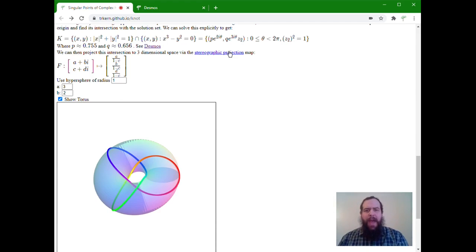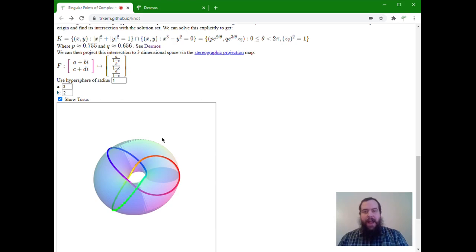And looking back at the parameterization of this knot, we can have a pretty good interpretation of this formula. As theta ranges from 0 to 2 pi, remember that p is just a constant, e to the 2i theta is going to circle around the origin twice.